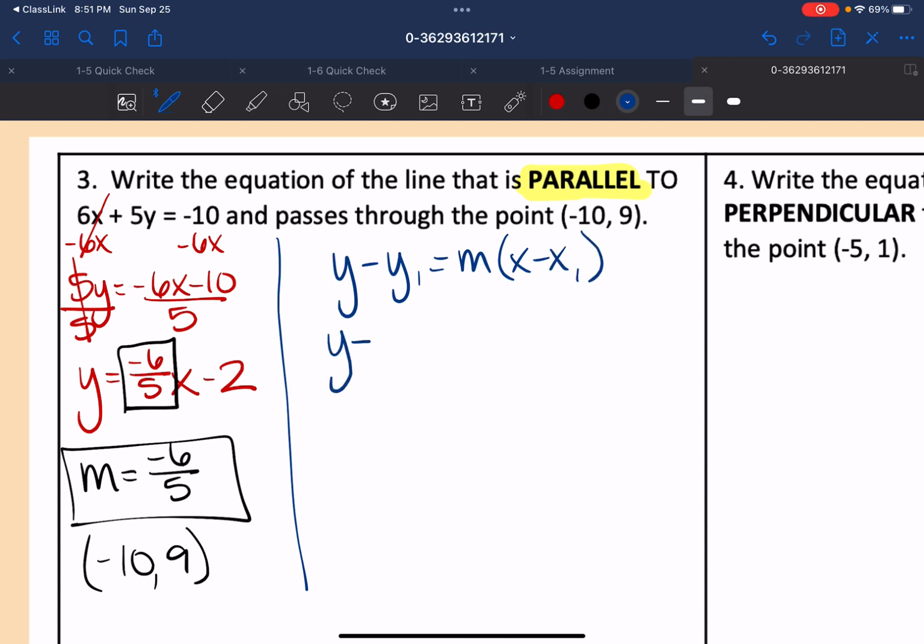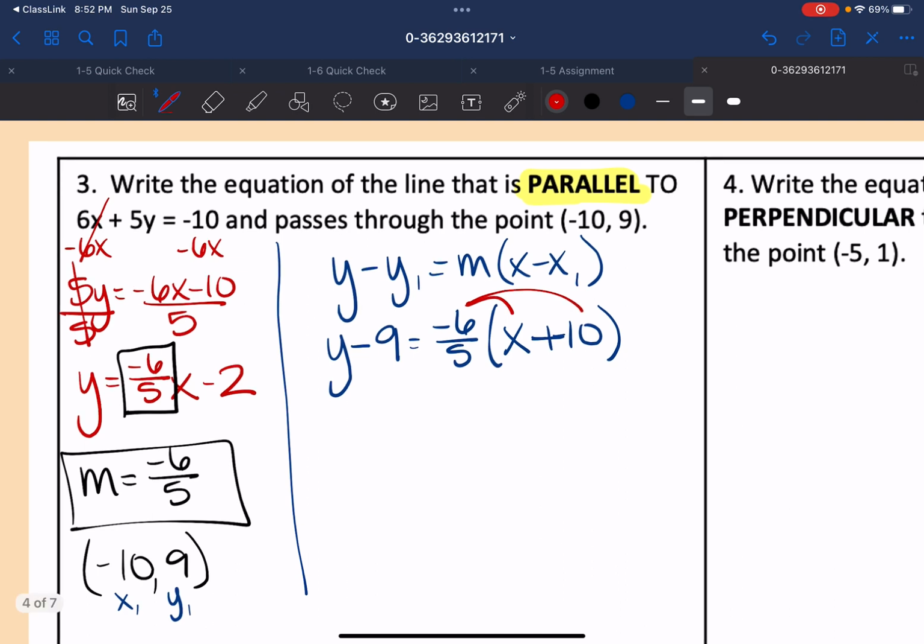y minus, our y value from the point is 9. And if you need to, go ahead and write x1 and y1 right there just to remind yourself. Instead of the m, we know our slope is negative 6 over 5. x minus, and our x1 is negative 10. Two negatives make a positive. Okay, we want to distribute our slope to both things in the parentheses.